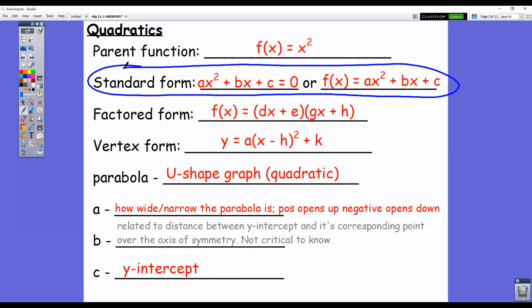In standard form, first of all, it's always equal to either 0 or f of x equals. It has to be equal to one of those. And notice the order that things go in: ax squared plus bx plus c. That is the specific order that things need to go in.